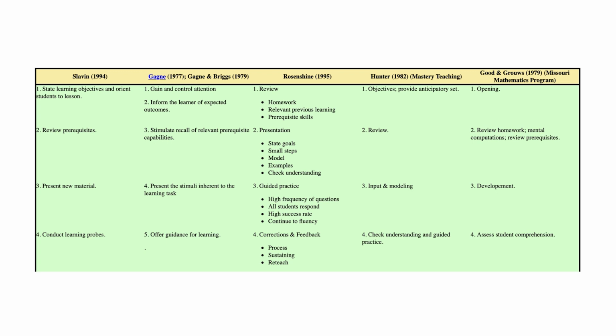While Hunter, 1982, suggests four direct instructions. They are objectives, review, input and modeling, and checking understanding and guided practice. So, when teaching, we need to remember that our instructions should be short and clear so that our students can follow what they need to do in the classroom.